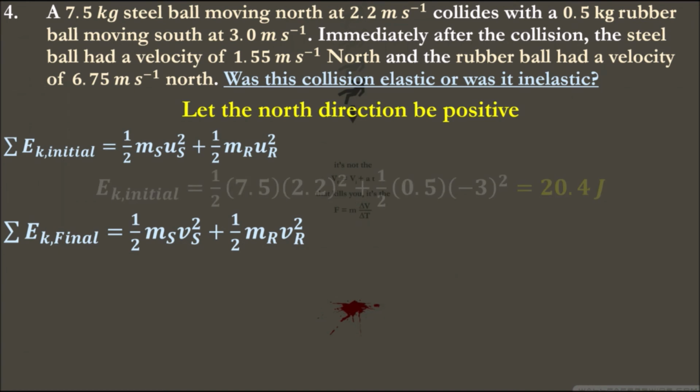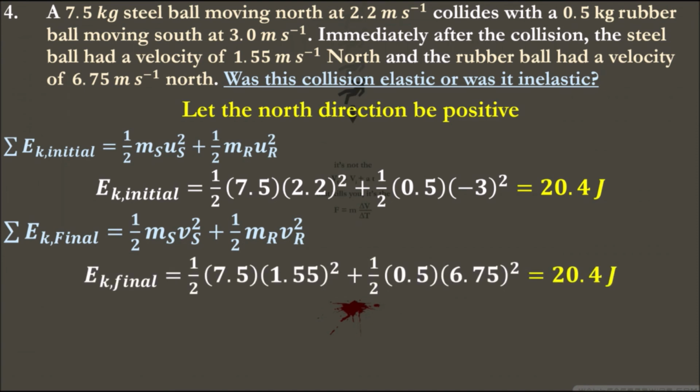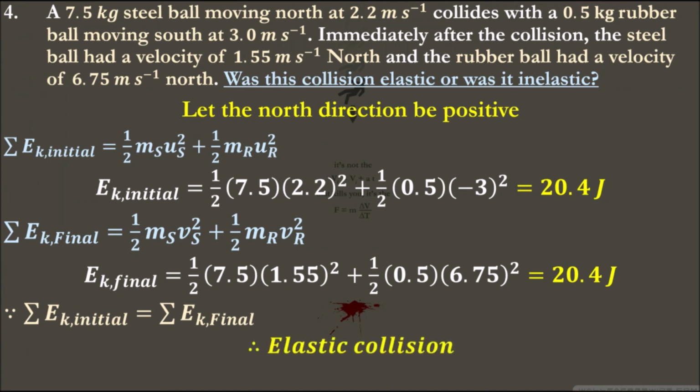I do my substitution here and find that the total kinetic energy for the initial system is 20.4 joules. After the collision has occurred, I do my substitution again and find that the total kinetic energy is also 20.4 joules. Because my initial kinetic energy is equal to the final kinetic energy, I have an elastic collision.